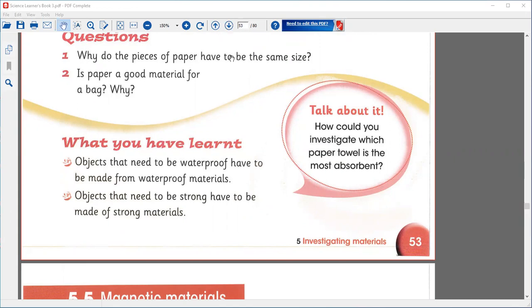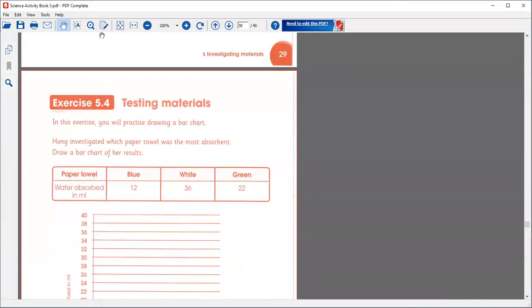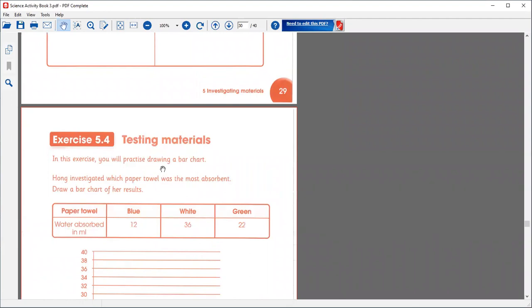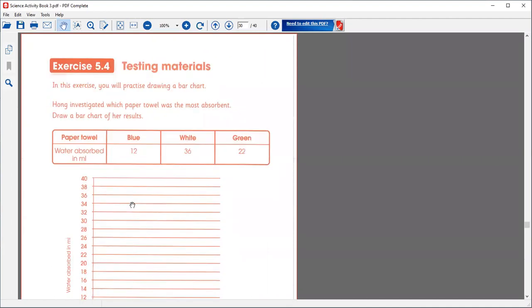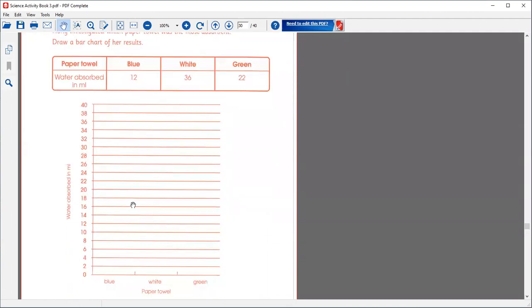Okay, boys, after this, the second thing from the activity book I taught you in the class today. Let's solve the exercise. In exercise 5.4, testing material, this is the activity book, page number 30. In this exercise, you will practice drawing a bar chart. Investigate which paper towel was the most absorbent. Draw a bar chart of her result. So let's start. You can see here blue 12.